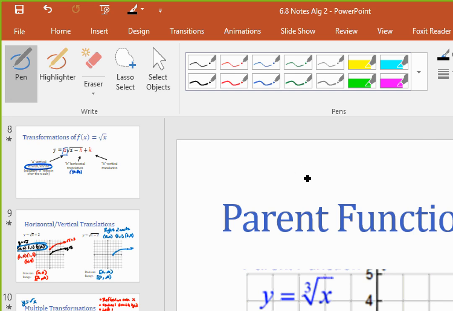Domain and range for a cube root function is negative infinity to positive infinity, or you could say all real numbers. Anything will work. These arrows here on the end say it's continuing on to the right and to the left. Range is also negative infinity to infinity, or all real numbers, because those arrows are going up and down as well if we think vertically.